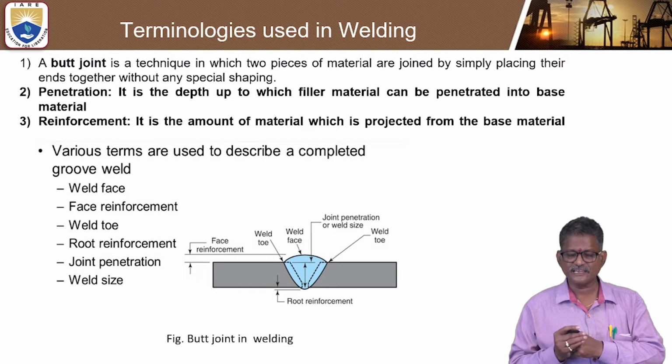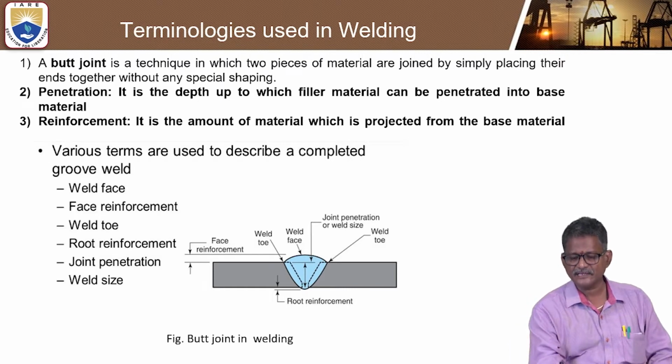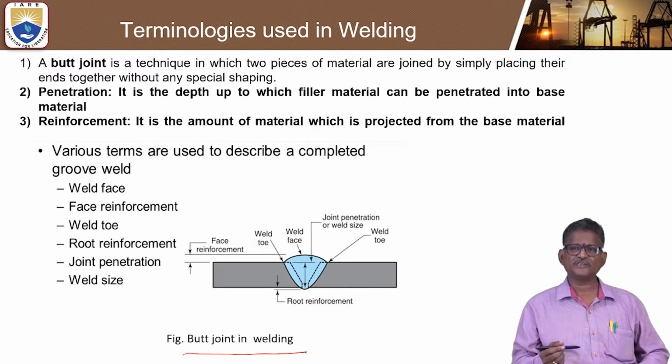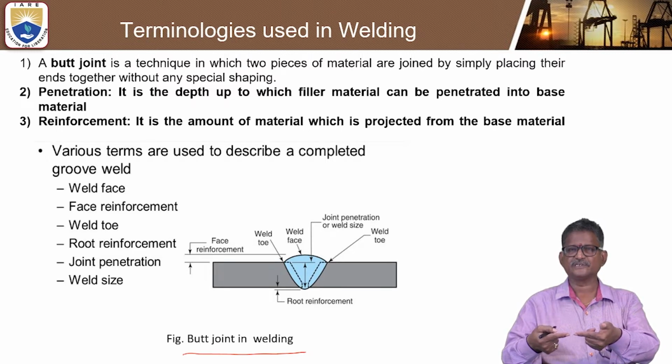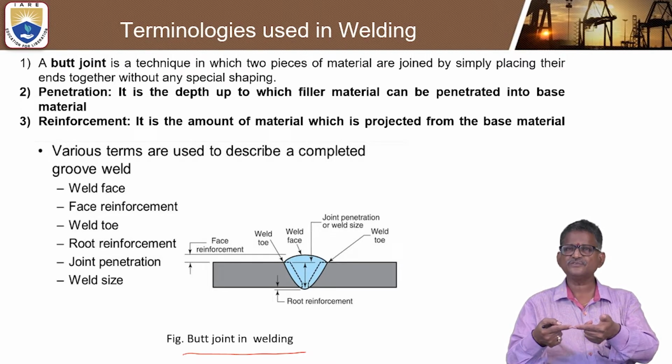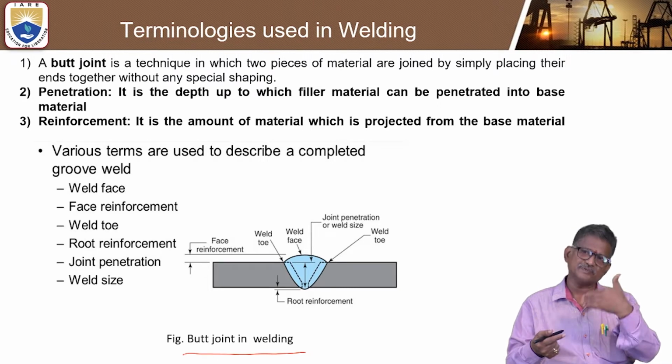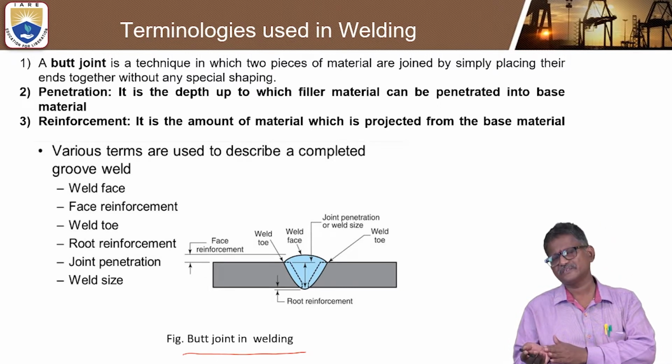Okay, so first of all, let us see this diagrammatic representation of a butt joint in welding. Butt joint means two pieces. Generally, if you take workpiece 1 and workpiece 2, both are kept parallel, and you should provide a certain distance so that you can perform the welding process to join each workpiece. The workpieces may be similar or dissimilar material.